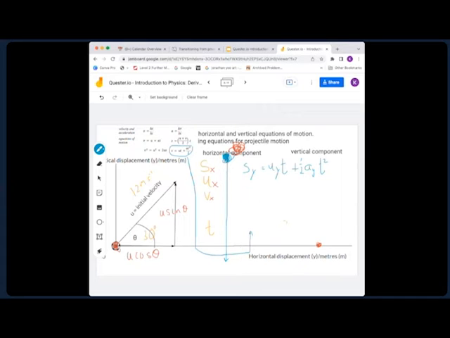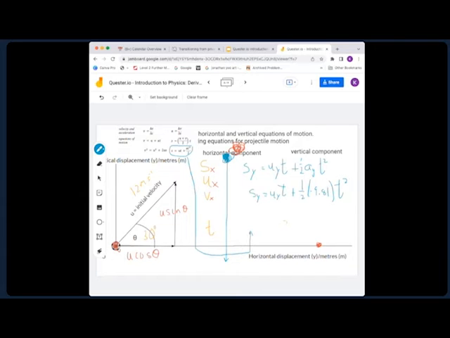And this is what you'll learn when you come into physics. You can also rewrite this as sy equals the vertical initial velocity multiplied by time, plus 1/2 multiplied by minus 9.81, because remember we took the positive direction to be upwards.